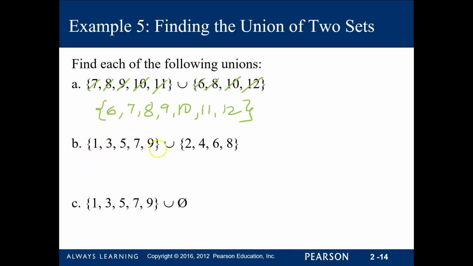Now, if we have this next example, 1, 3, 5, 7, 9 and 2, 4, 6, 8, again, just combine all of it. We can start with the smallest one, 1, and then 2, 3, followed by 4, 5, 6, 7, 8, and 9.